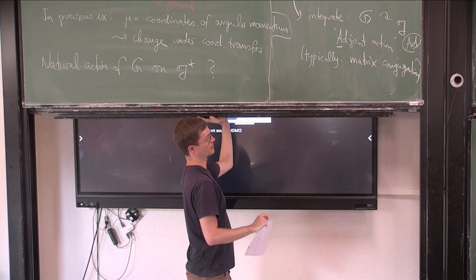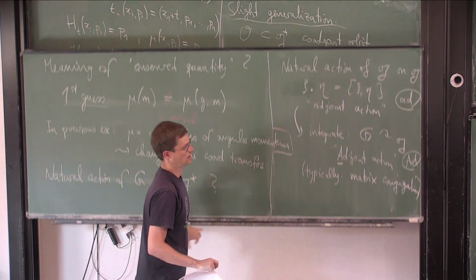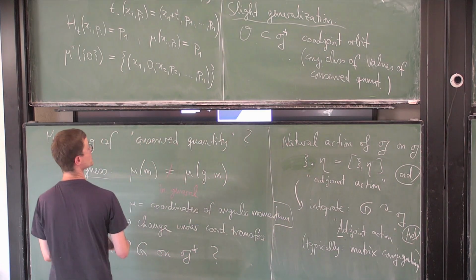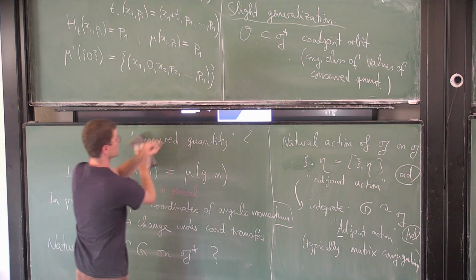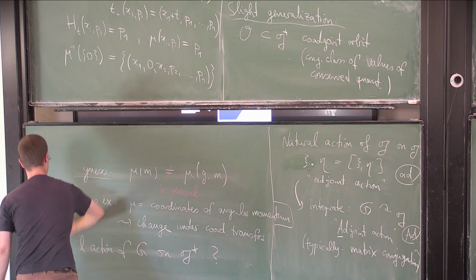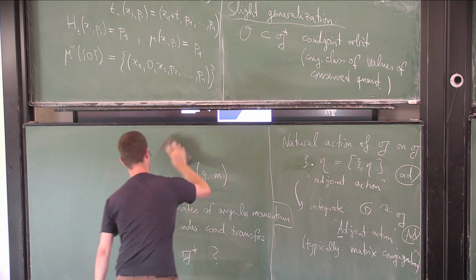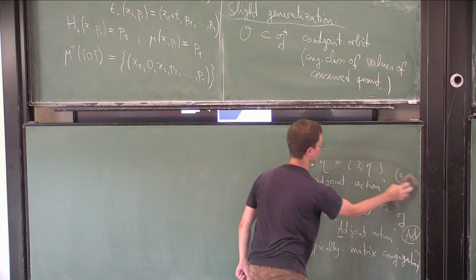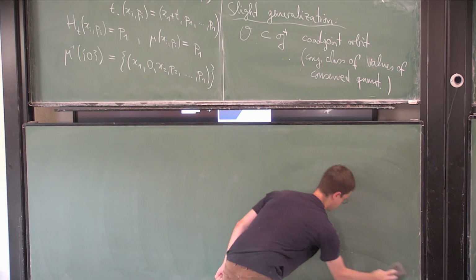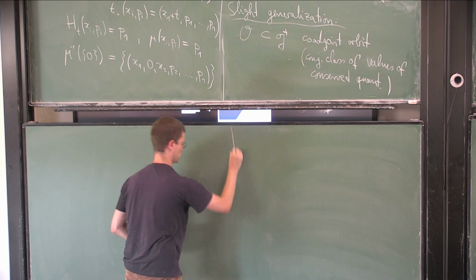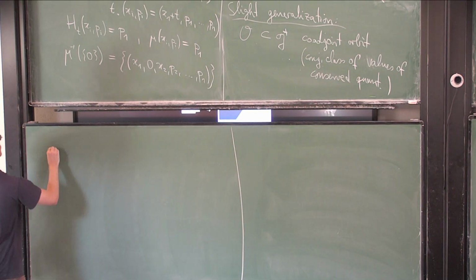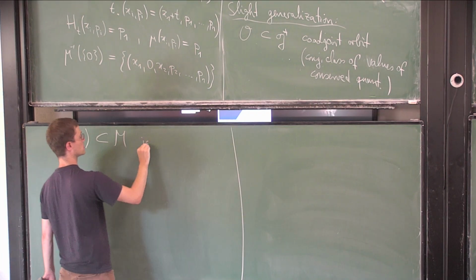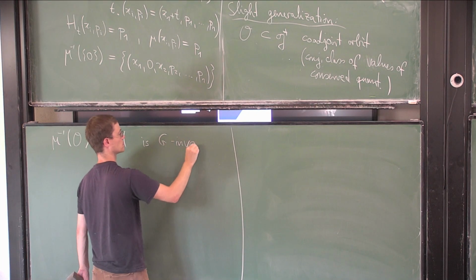And then I can play the same game. I take the points in my phase space where these preserved quantities lie in this orbit. So this will be a submanifold which is G invariant, and then I can quotient out by G to get a reduced phase space. So mu inverse of O is G invariant.